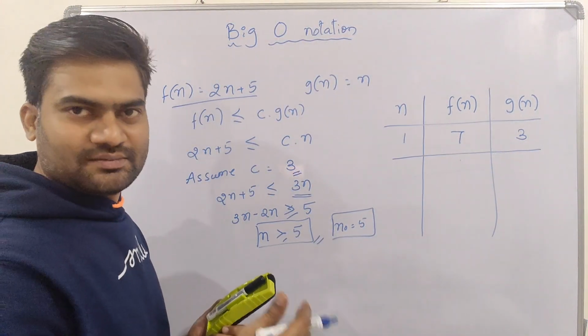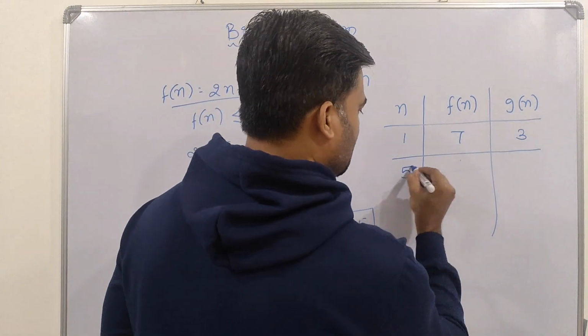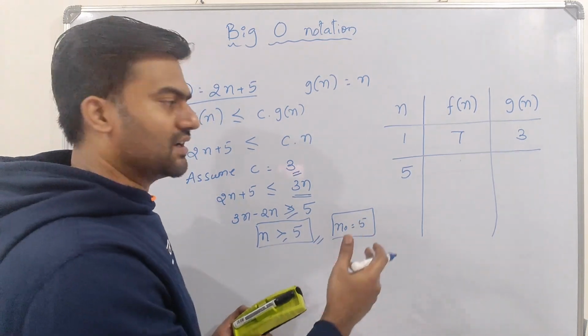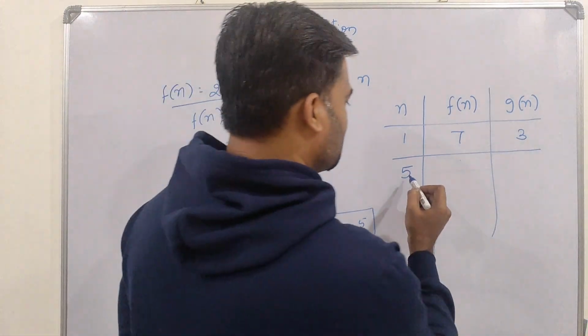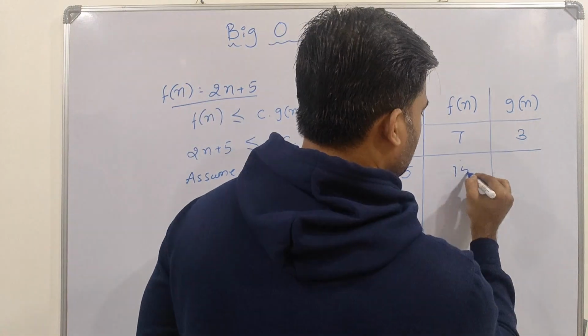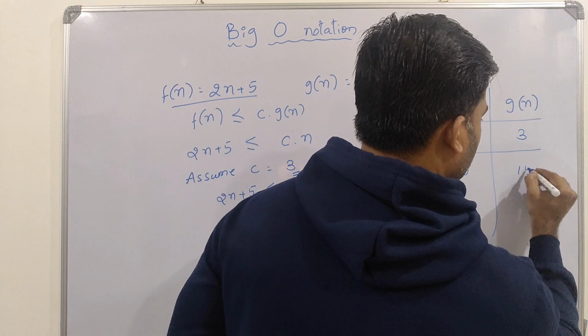Let us take 5, because we want to use these values to draw a graph later. If I take 5, this becomes 10 plus 5, 15, and since this is 3n, this becomes 15.